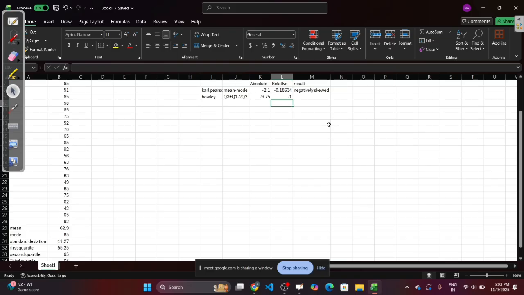So relative is coming to be -1. How is that possible? 65 minus 55.25. Okay, the same is coming, -1. So for Bowley's method the result is close to -1.